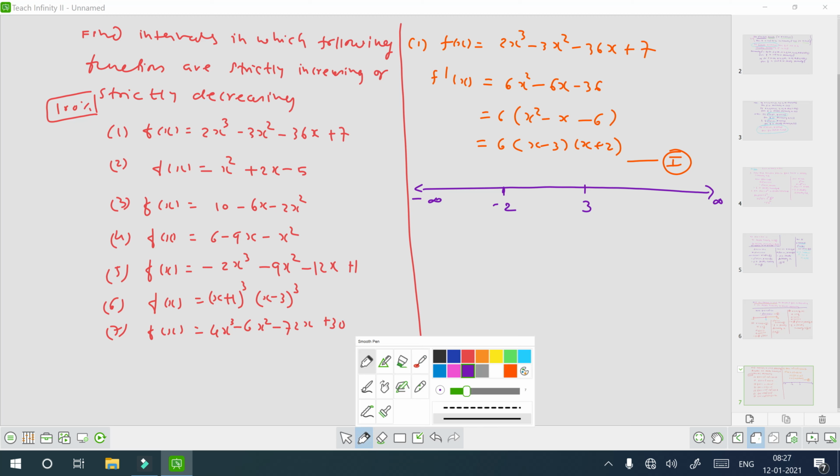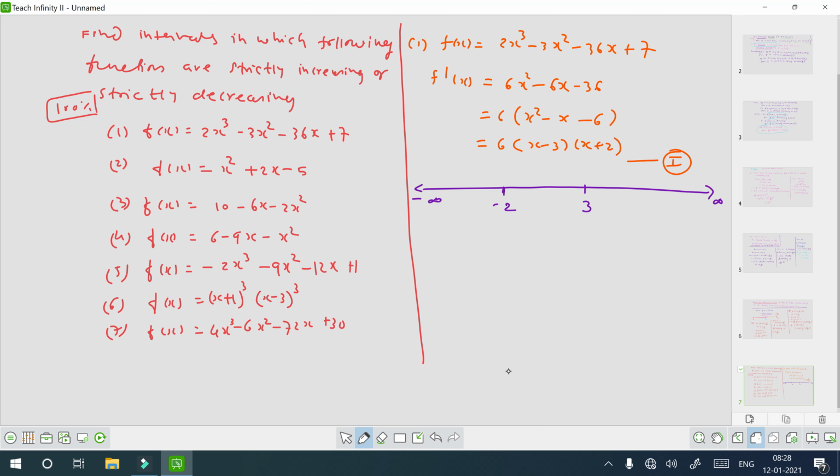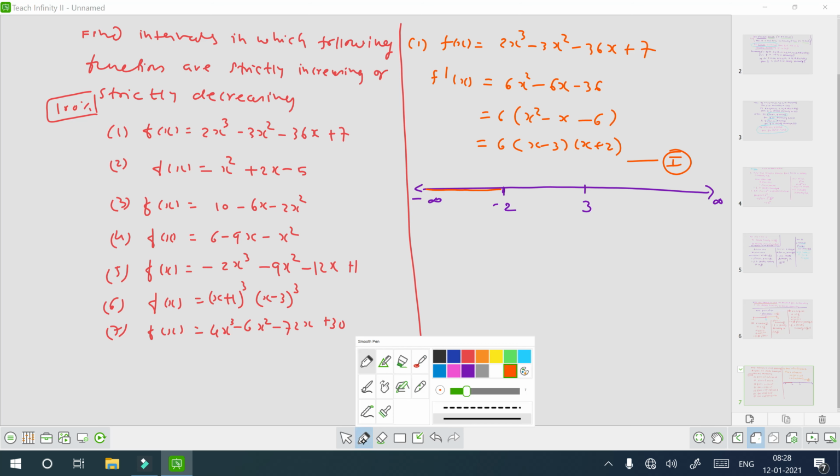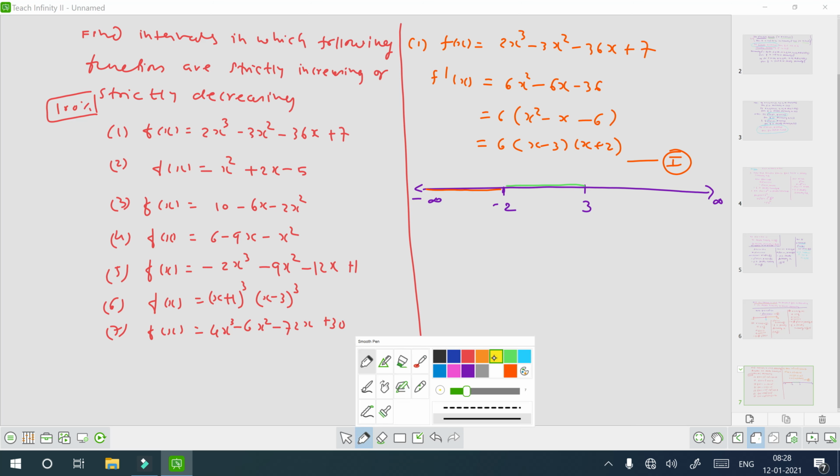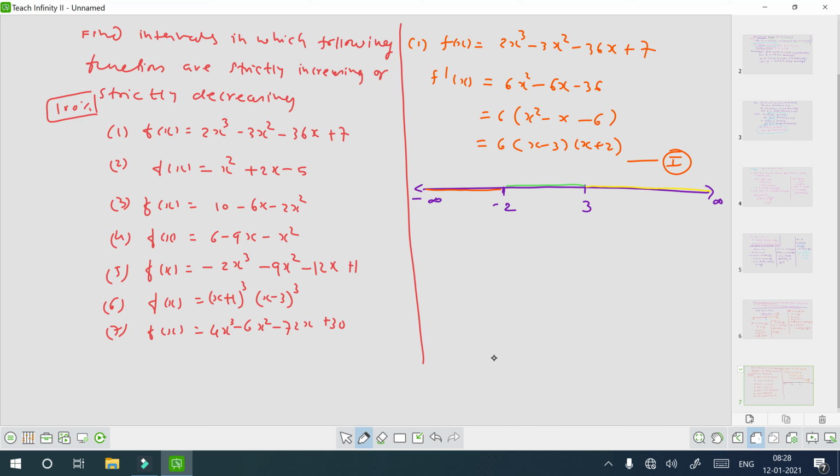So in our case, how many parts are there? Minus infinity to minus 2, minus 2 to 3, and 3 to infinity. Three parts are there. Let us take one by one.